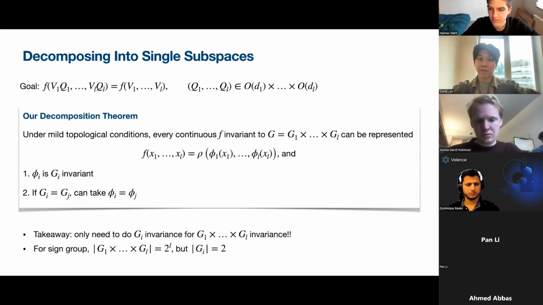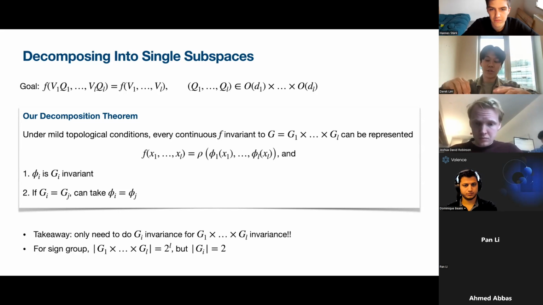And what does this mean for us? The takeaway is, as long as you know how to make phi I, or how to do GI invariance, you can get the direct product invariance, G1 cross GL. And this is really important because it's a lot easier to do GI invariance. It's a smaller group, right?